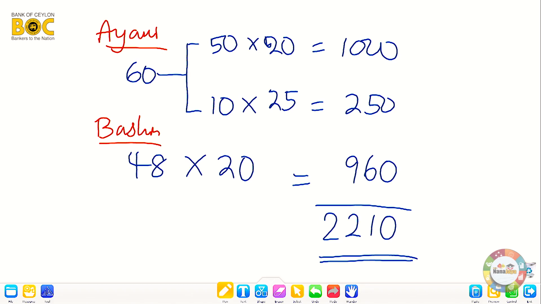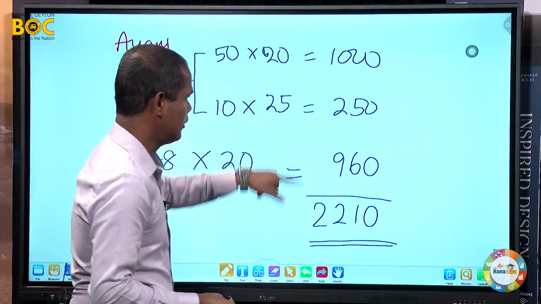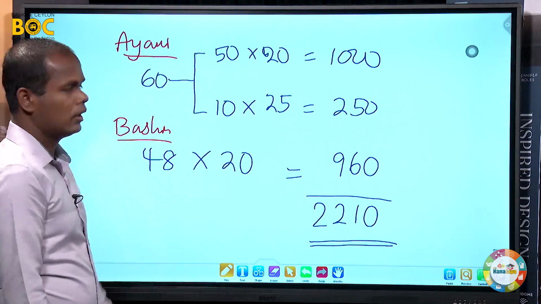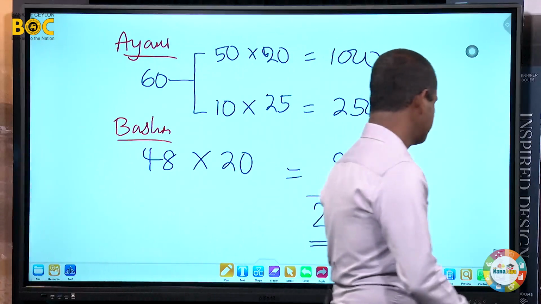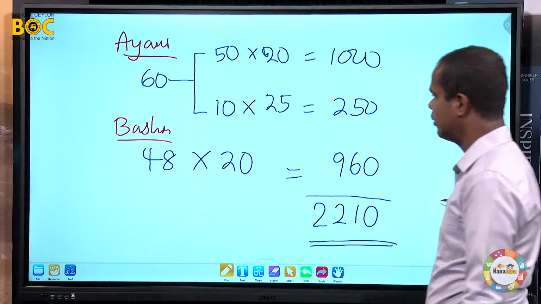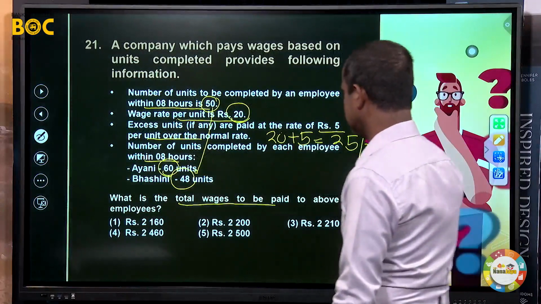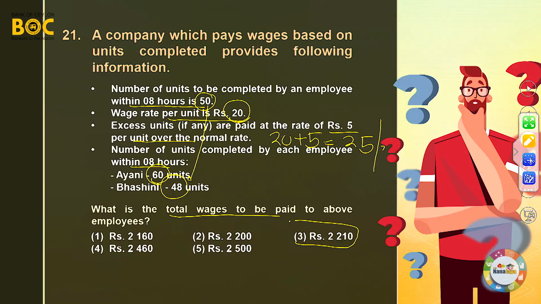Total wages 2210. Ayani has an extra production of 10, paid at the higher rate of 25. Bashini is below the target at 48 units, paid 20 rupees per unit. The calculation comes to 2210.